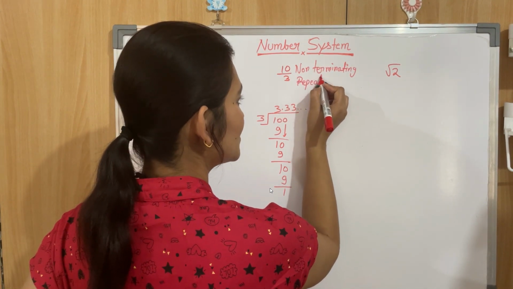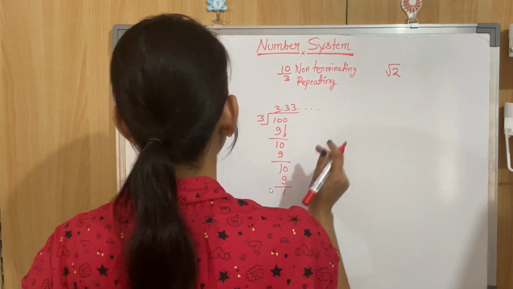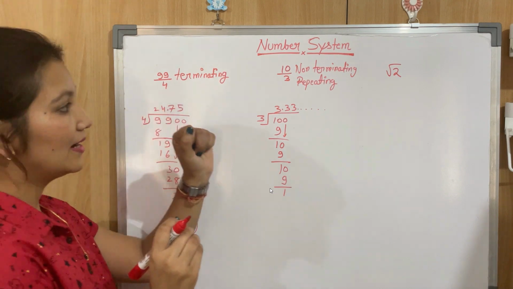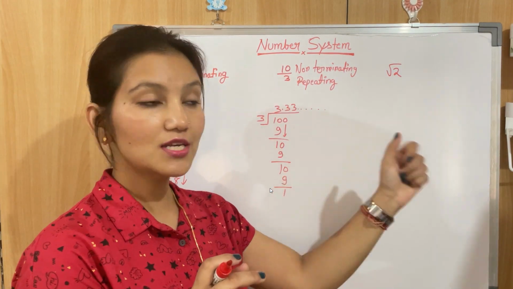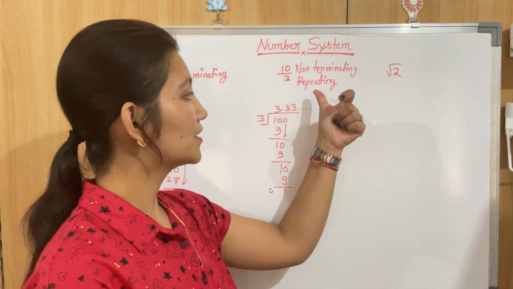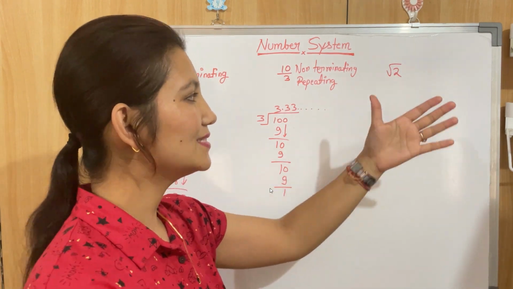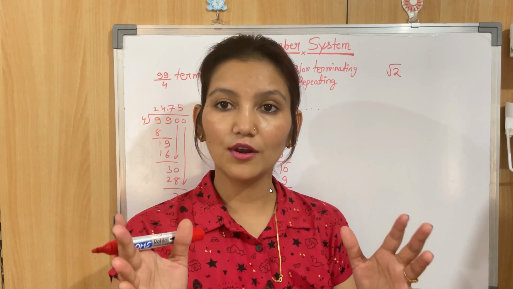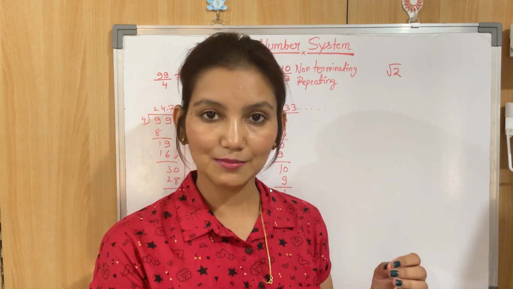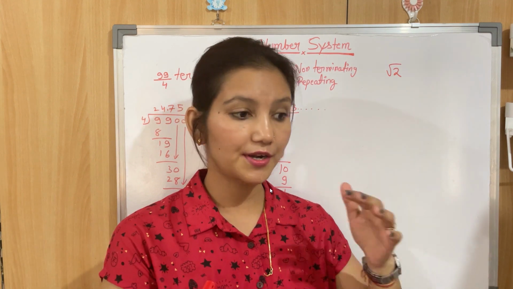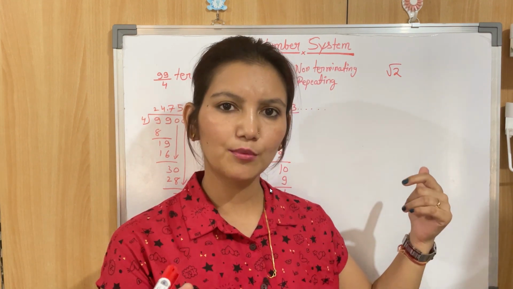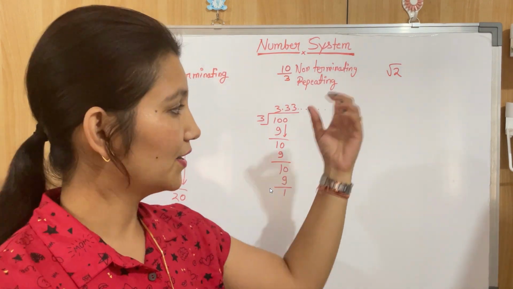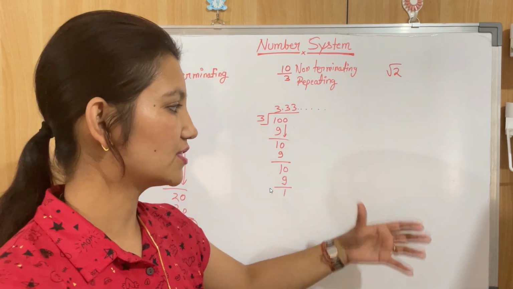So the decimal expansion of 99 upon 4 was terminating, and the decimal expansion of 10 upon 3 was non-terminating but repeating, right? Now let's come to root 2. If I'm not wrong, you already know how we can find the decimal expansion of root 2, because you have already done this in your previous classes. Maybe in 8th class you have done this, but still here we will touch upon it.